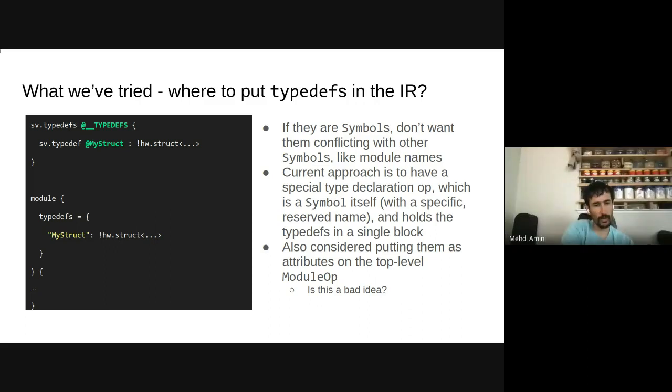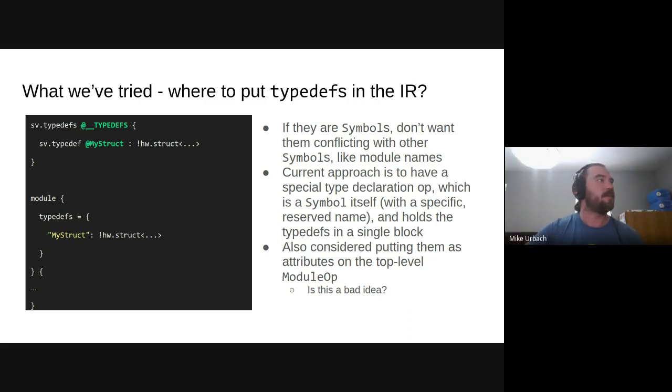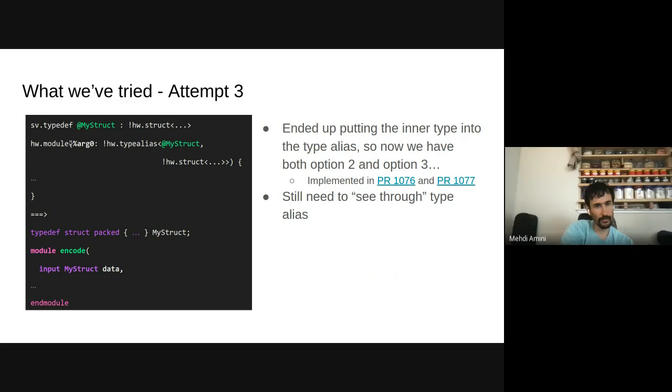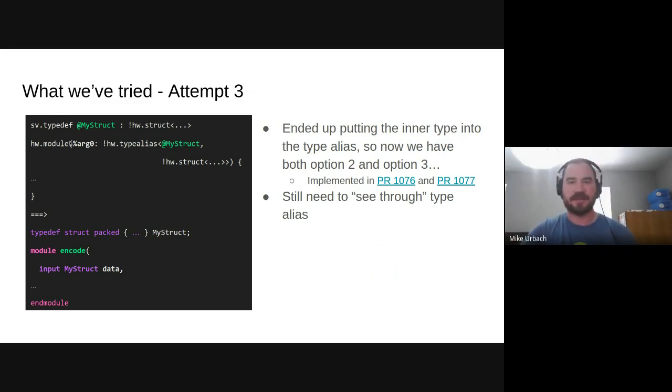Sorry, I missed something. Why does it matter that we are in a module? Our top level functions are these hardware module things. Yes, and I haven't shown it here, but they actually have a symbolic name, so they need to be guaranteed to be in some sort of symbol table. So we use the MLIR module as that symbol table.